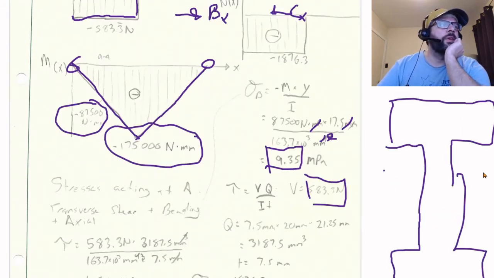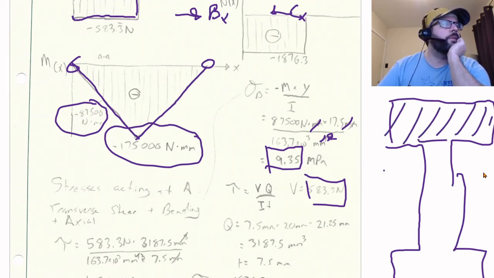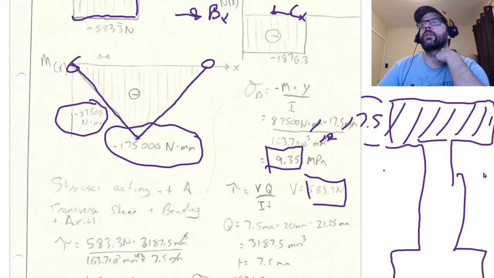So it's just based upon the area that I kind of just cross section. So again, the width of that is 20 millimeters. The thickness of that is 7.5 millimeters.